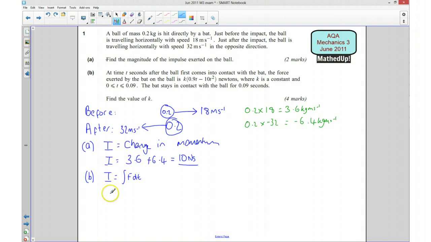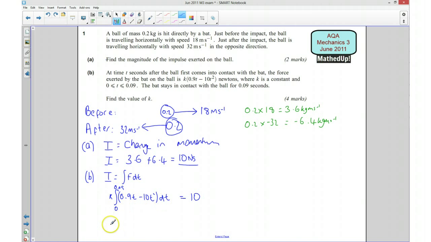I can say the integral of F, and I'm going to take this k outside here, is the integral of 0.9t take away 10t squared, between the limits of 0.09 and 0. Well, I know that this integral has to be equal to the impulse, which is 10.